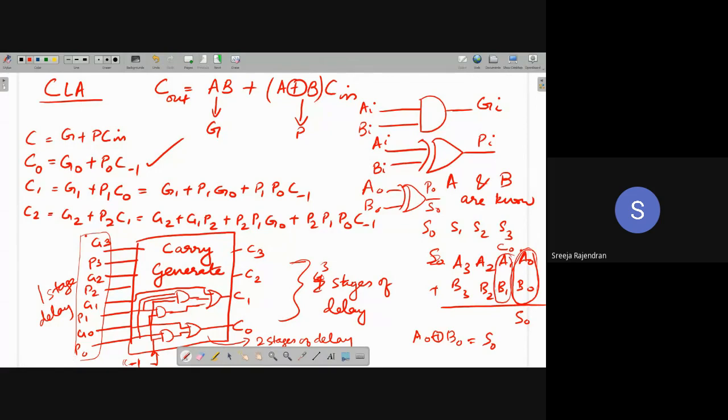A1 plus B1 is the same as A1 XOR B1, which is equal to P1. And then I need to XOR it with C0 if I have to get the sum for that particular bit position. Yes or no?